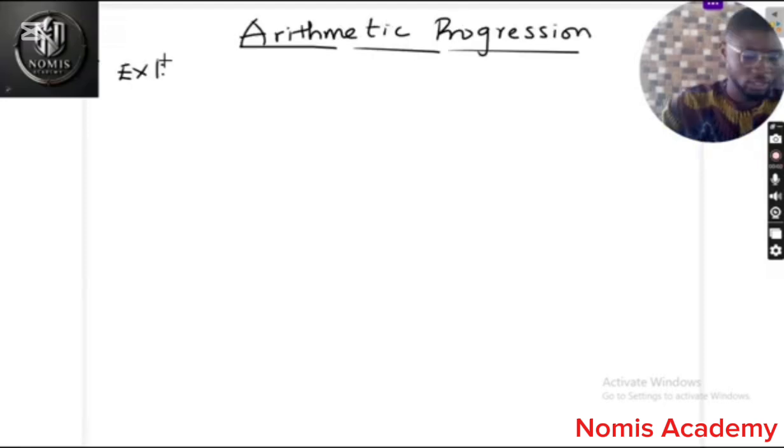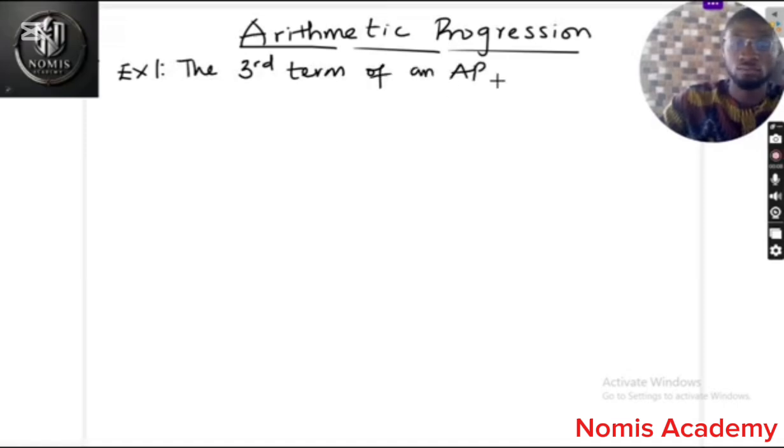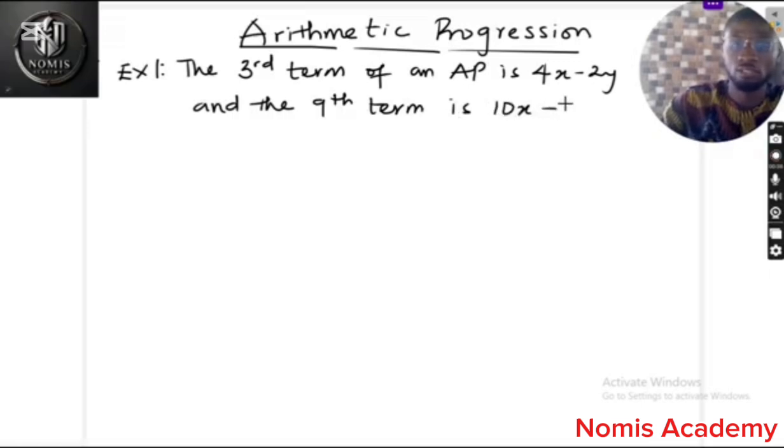Exercise number 1. We have the question: the third term of an AP is 4x minus 2y, and the ninth term is 10x minus 8y.